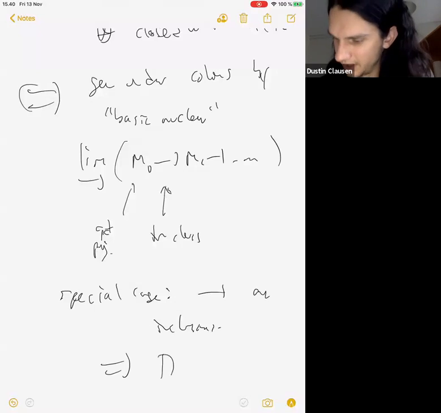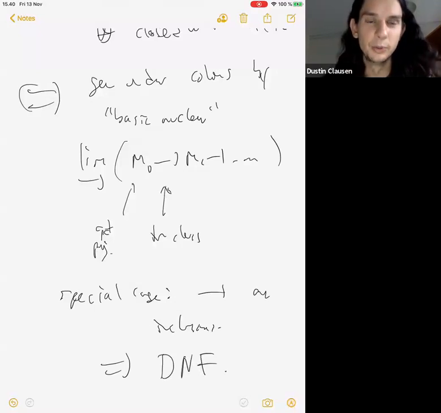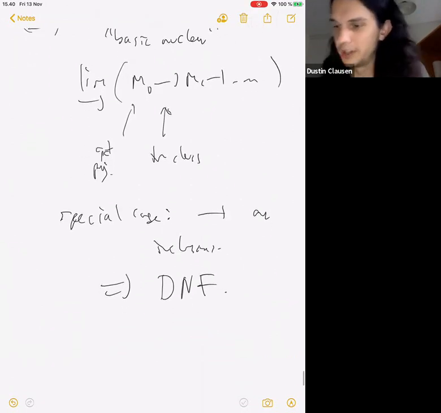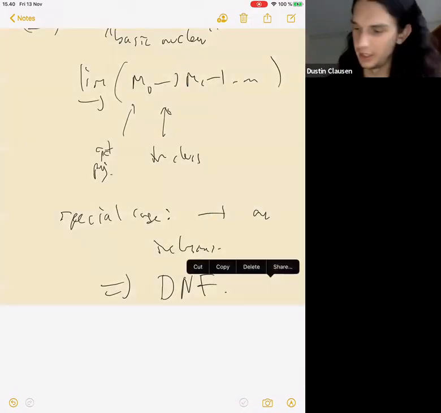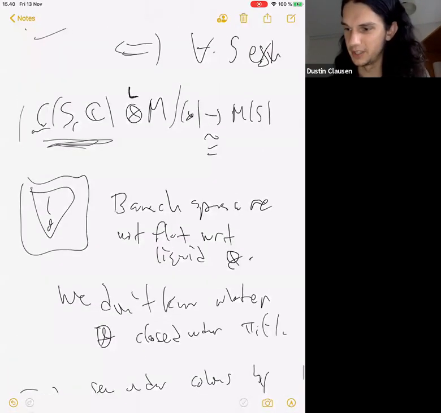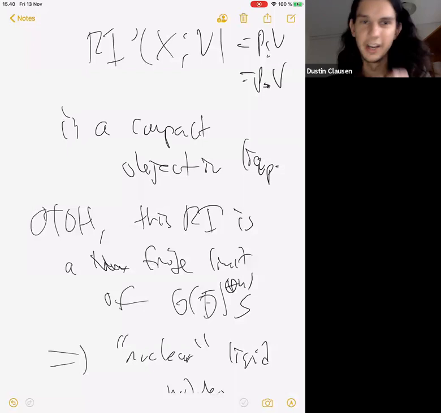And then you get exactly these dual nuclear Fréchet spaces, the classical dual nuclear Fréchet spaces, by similar arguments to what I explained in the first half. So all dual nuclear Fréchet spaces are basic nuclear, in particular they're nuclear. But then the nuclear is closed under all colimits and all finite limits. So this will help justify the claim that your R gamma is going to be a nuclear thing.